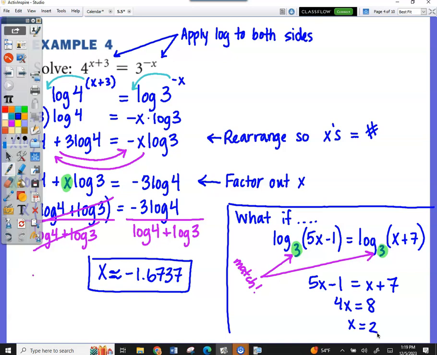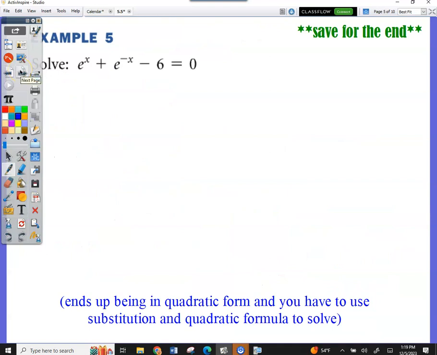We're going to hold off on 5 for right now. I may make 5 like an extra credit, but you can see why we're holding off on it, because it's going to end up being in quadratic form, and you've got to do that U substitution to reduce it, and you'll solve by the quadratic formula.